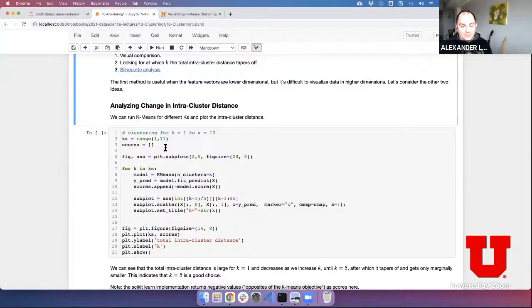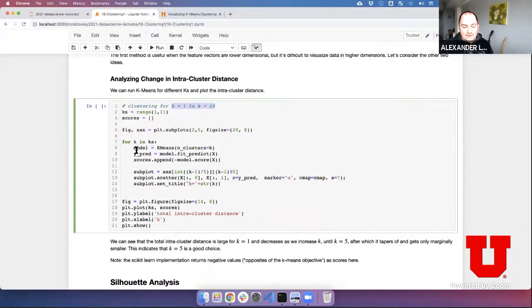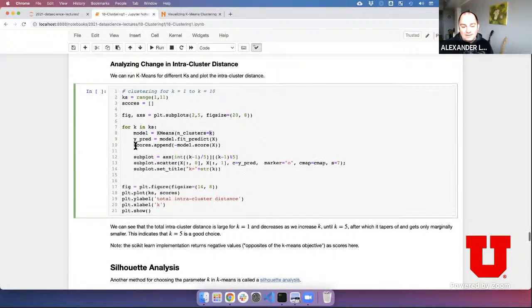What we do here is I'm trying out a different range of k's, k from 1 to 10, and then I'm running k-means with each k. I'm fitting it, I get my labels back, and then I calculate the score, the intra-cluster distance here, and I'm storing this in a scores array.